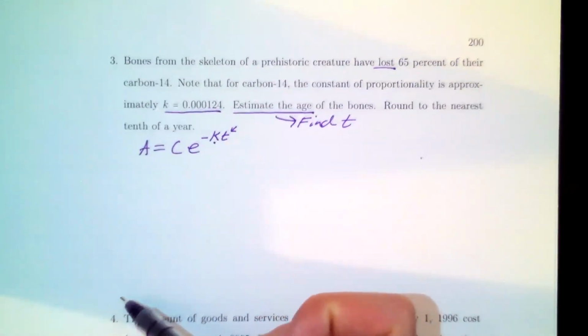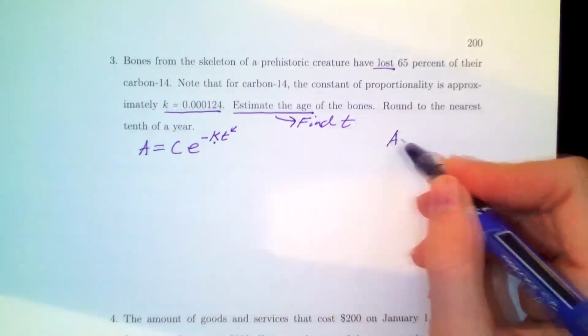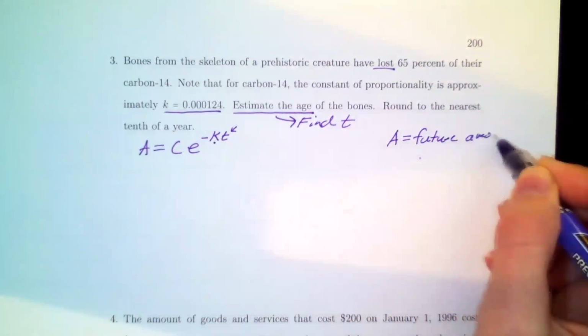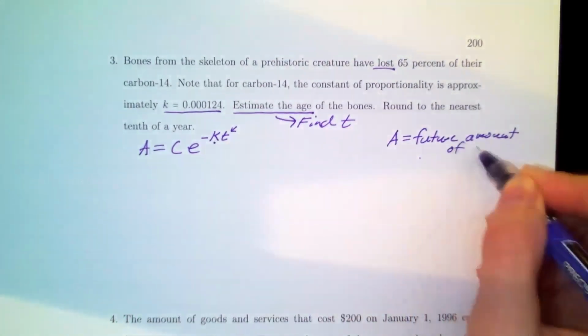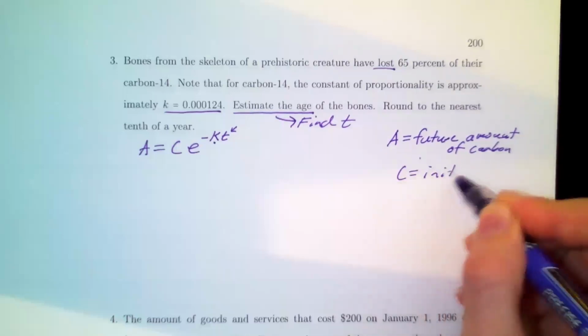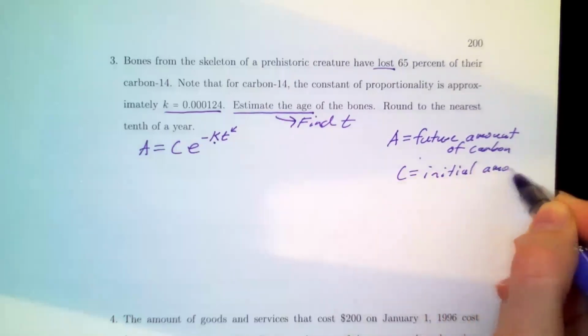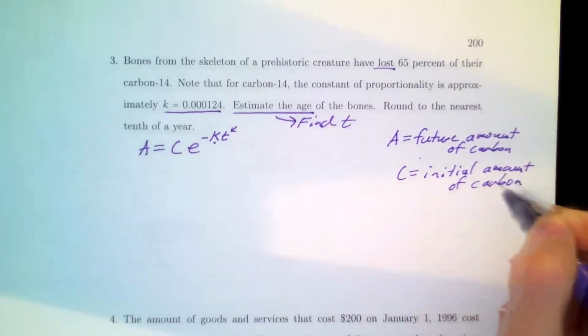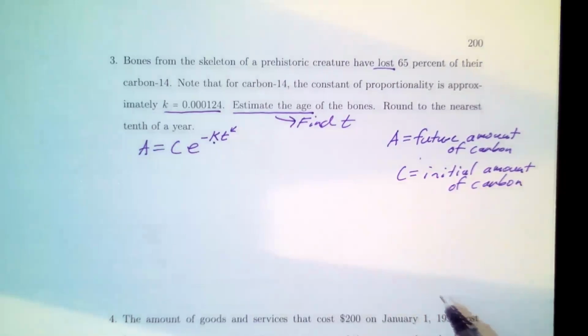But just like last time, they don't tell me how much carbon-14 was originally in the animal. If A represents a future amount of carbon, and C was the initial amount, they didn't tell me how much carbon I started with.